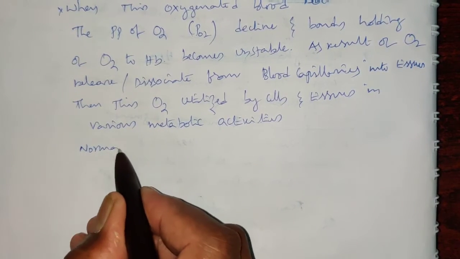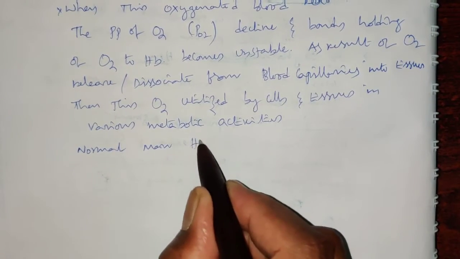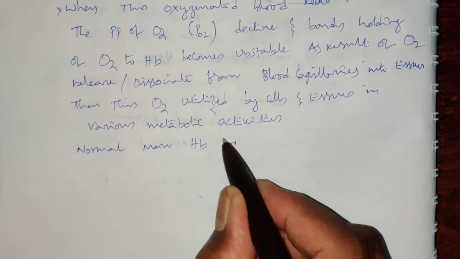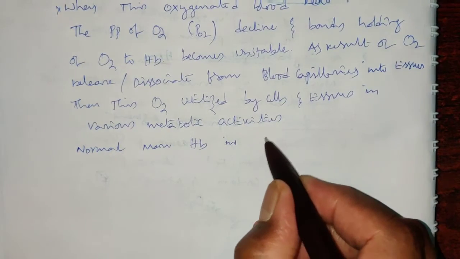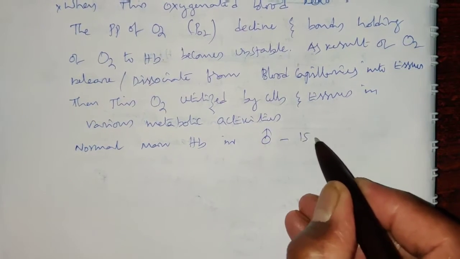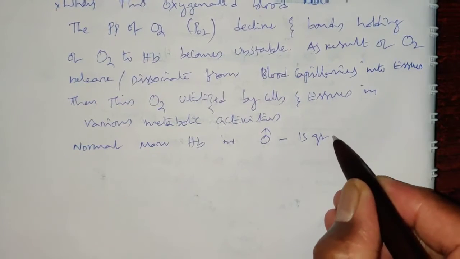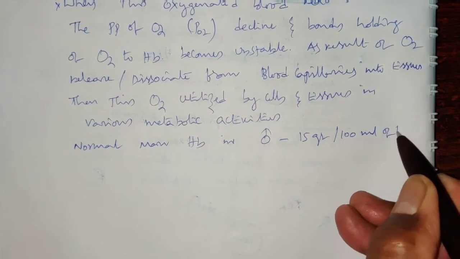Normally, in a normal man, the hemoglobin is 15 grams per 100 ml of blood.